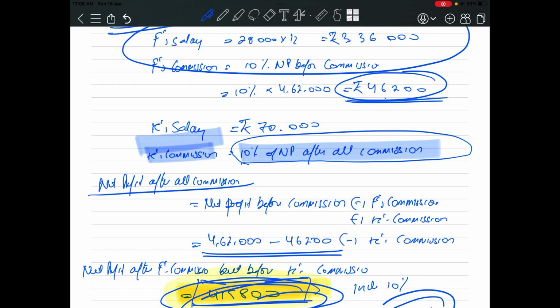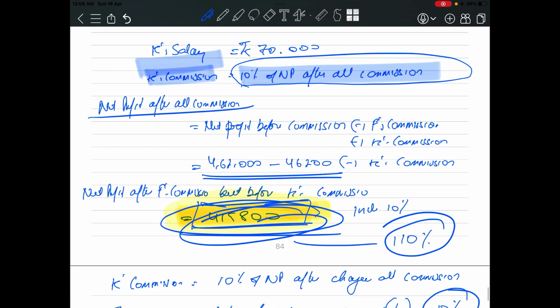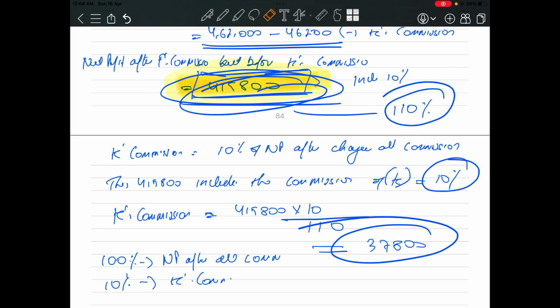So from the net profit before commission, we have reduced F's commission, and we'll also have to eliminate K's commission, then only we'll get net profit after all commission.